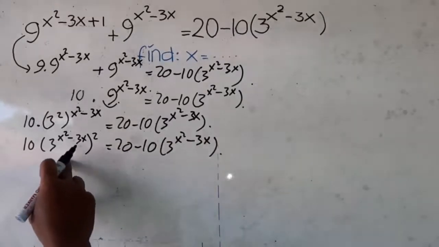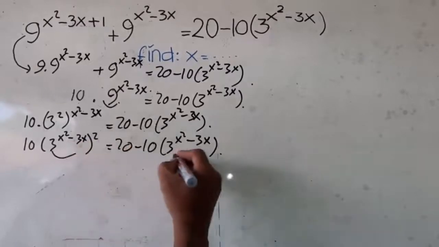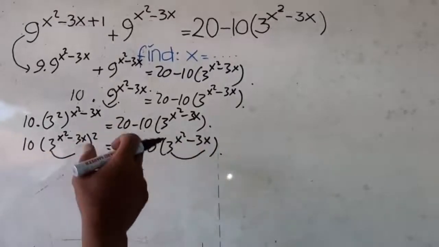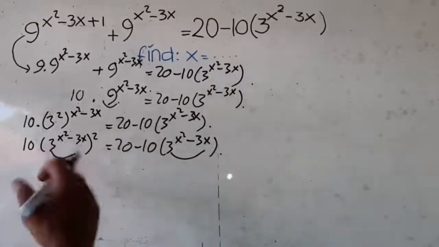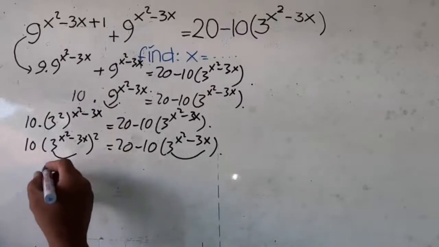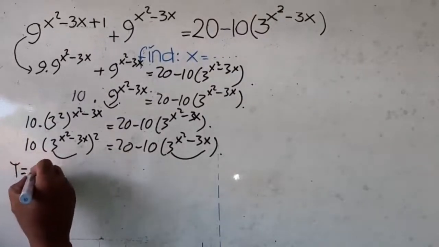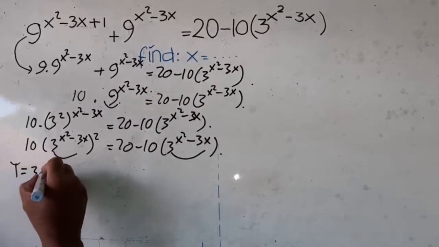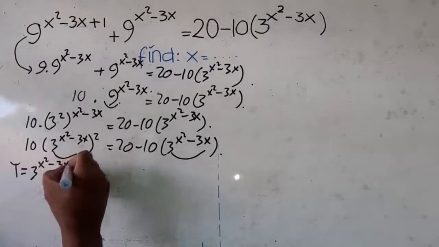So I am going to replace this with y and move to the left side. So y equal 3 power x square minus 3x.